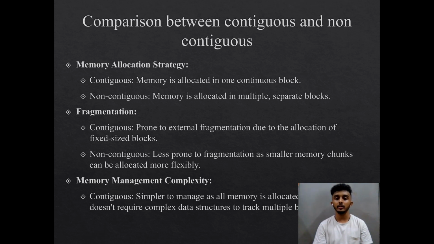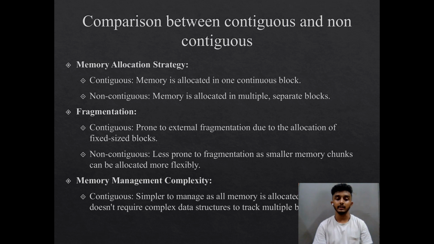Non-contiguous: memory is allocated in multiple separate blocks. Fragmentation. Contiguous: prone to external fragmentation due to allocation of fixed sized blocks. Non-contiguous: less prone to fragmentation as smaller memory chunks can be allocated more flexibly.